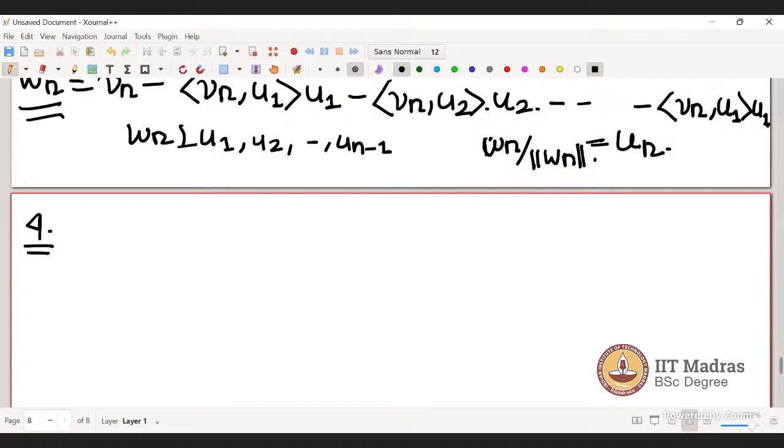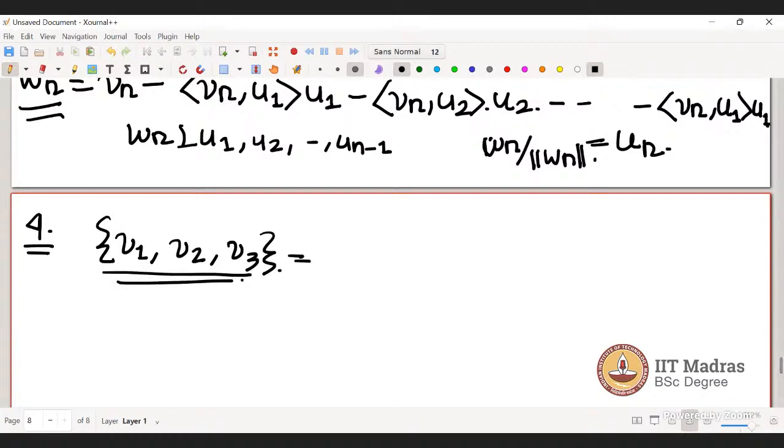Okay, so V1, V2 and V3 are given. I need to find an orthonormal basis using these three vectors.